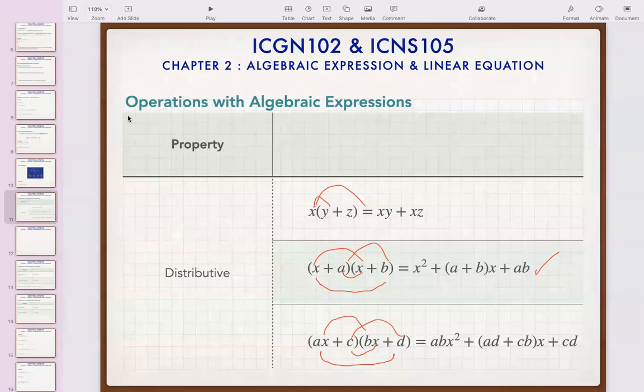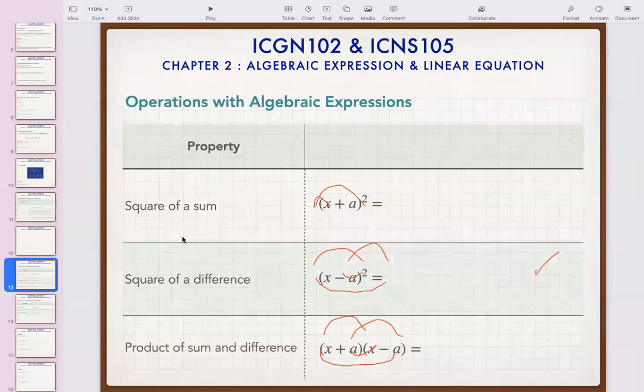The next property that we have to know is the square of a sum. That means you sum first and then you square it. This one is what we call the square of a sum.